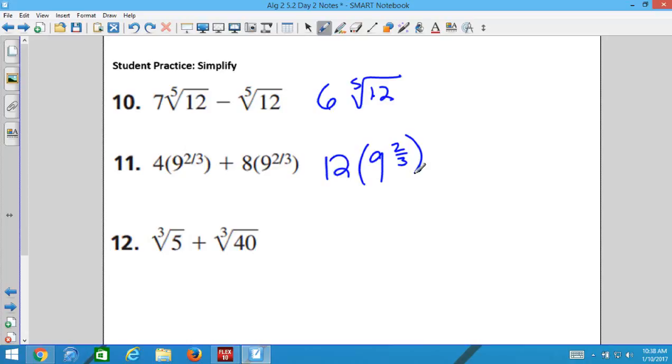So you have to break down 40, just like we worked out before. Figure out what makes 40. But one of them needs to be a perfect cube. So one of them has to be one of those numbers.